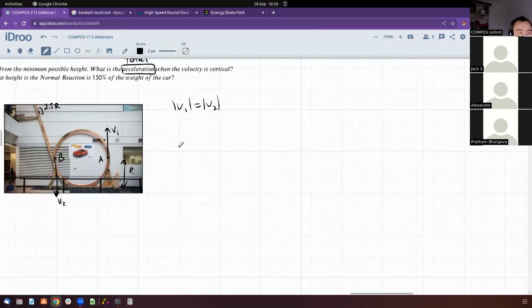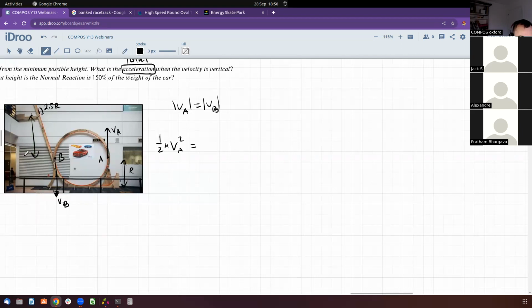So for velocity A and velocity B, 1/2 mv_A squared is given by the difference in height.